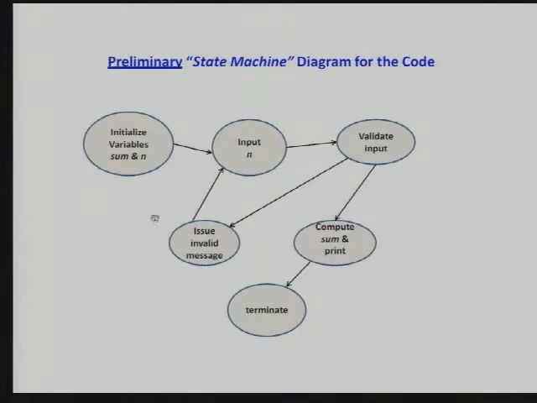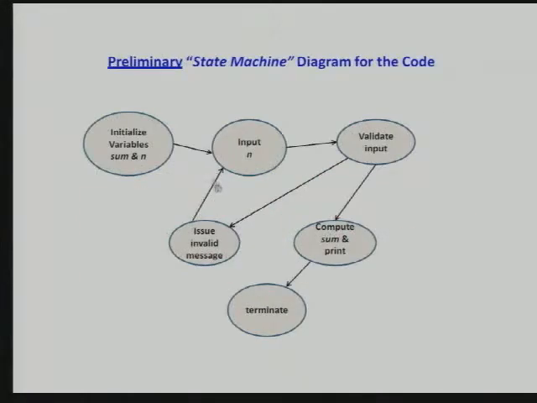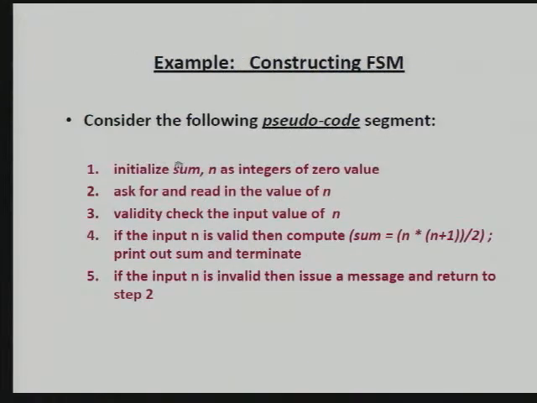So here's a simple diagram for this detailed snippet. It's not code, it's pseudocode, but I'm going to first initialize sum and N, that's step 1. Let's just go through this quickly first, and then I'll come back and give you a few more details.